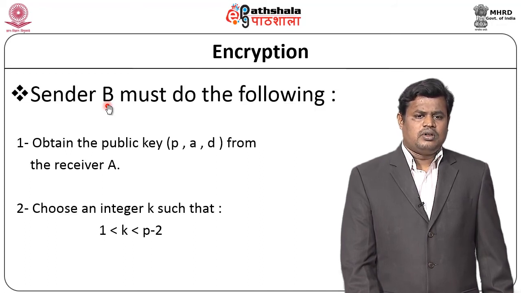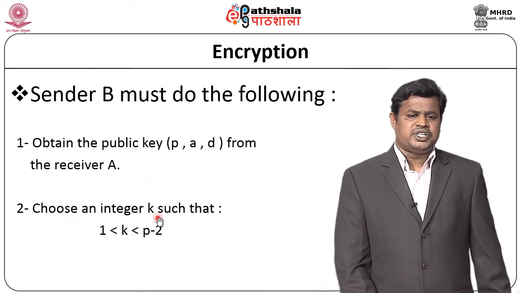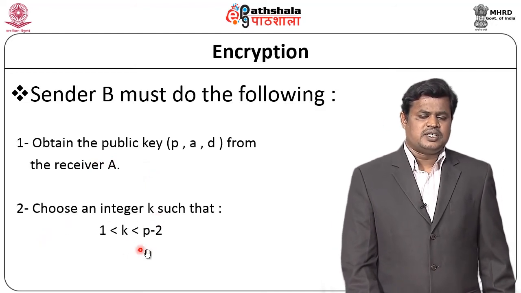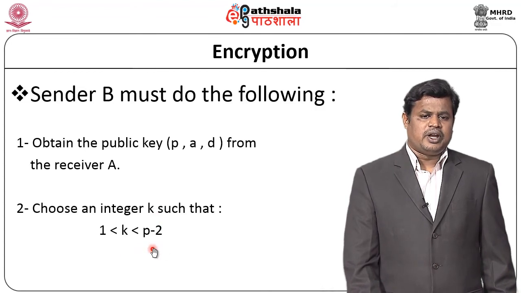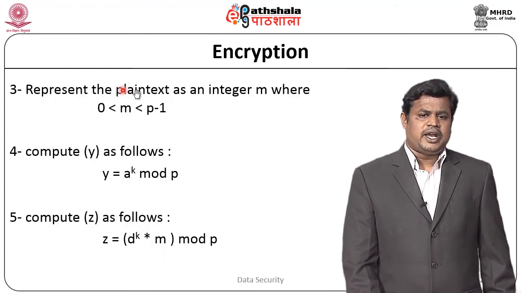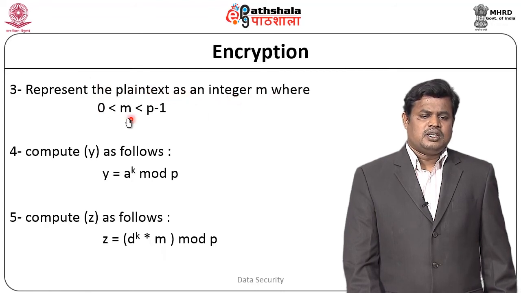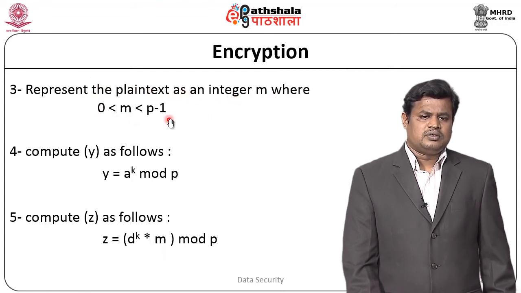Now the public key is p, a and d, which is received from the receiver. Now you have to choose a random integer k, such that it lies between 1 and p minus 2. Represent the plain text as an integer m, where the value is between 0 and p minus 1.